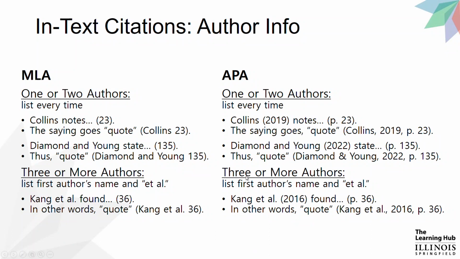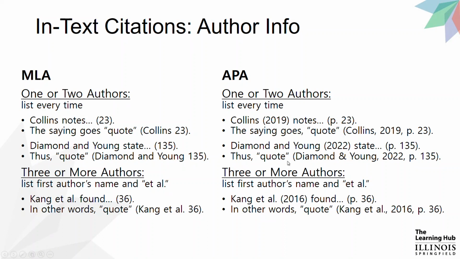The main difference, and the thing I like to highlight, is that with two authors, you have it a little bit different depending on if the names are in the sentence or if the names are in the parentheses at the end. In the sentence, if you're using the authors' names as context, you use the word "and." So "Diamond and Young, 2022, state." Or if you're putting everything in the parentheses at the end, you use the symbol ampersand.